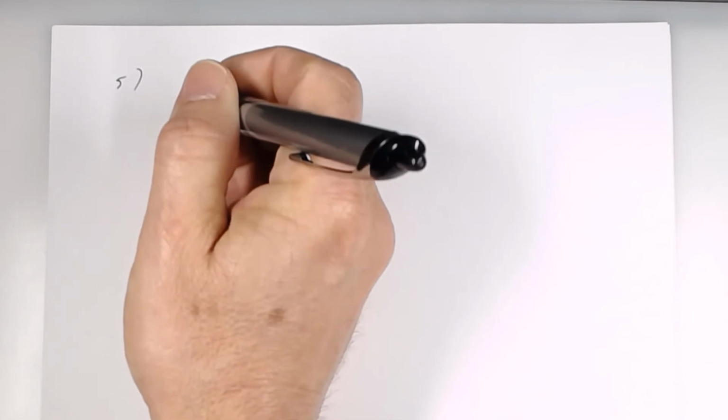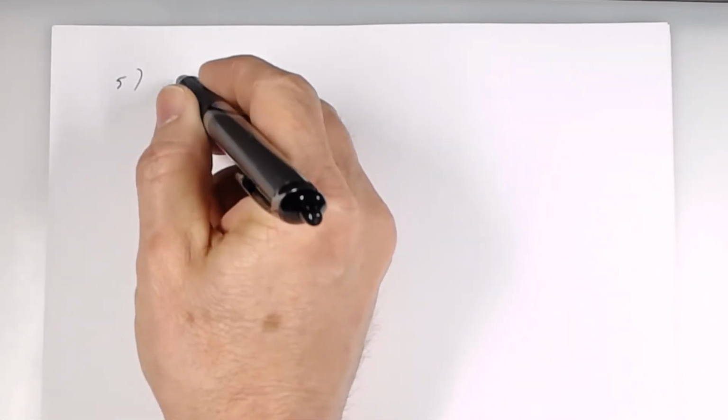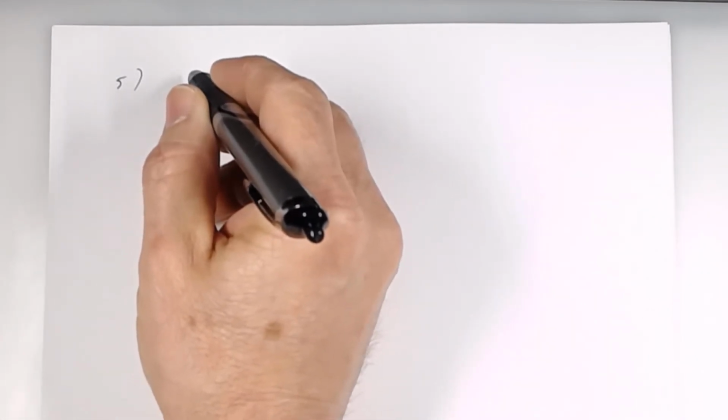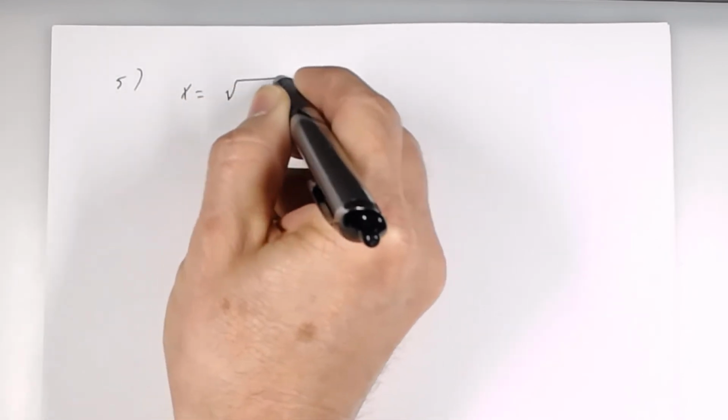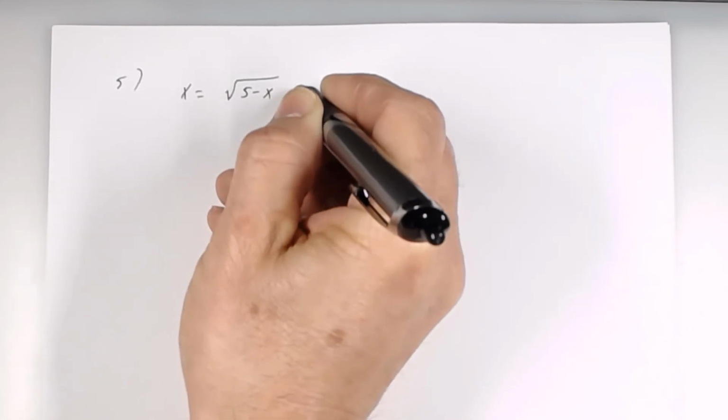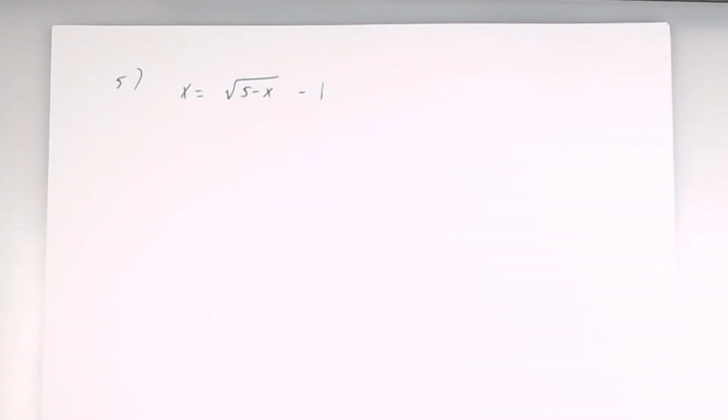You have, all right, now, okay, let's do this one. X equal the square root of 5 minus x minus 1.